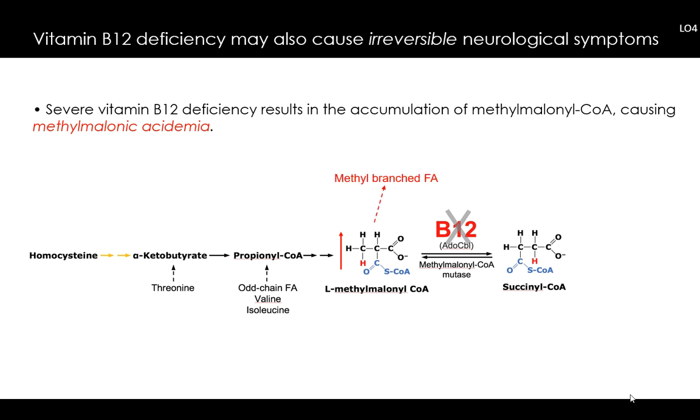If methylmalonyl-CoA is used in place of malonyl-CoA during fatty acid synthesis, it results in the formation of methyl-branched fatty acids. When the methyl-branched fatty acids are incorporated into the lipids of the myelin sheath that surrounds nerves, it leads to their destabilization, eventual neuron loss, and the onset of neurological symptoms.